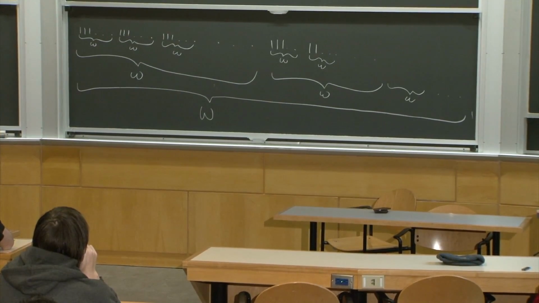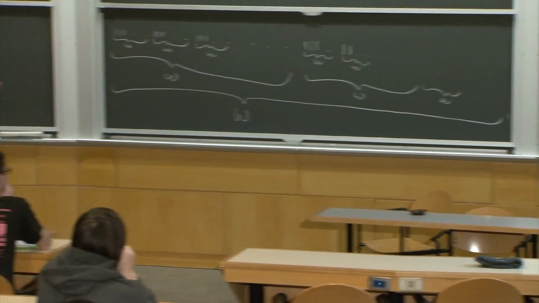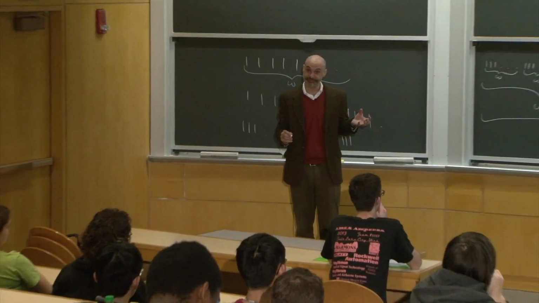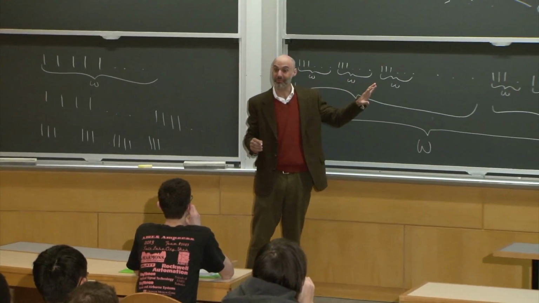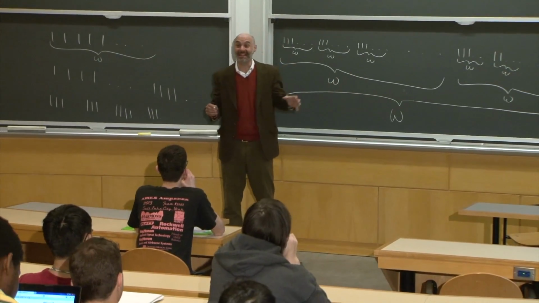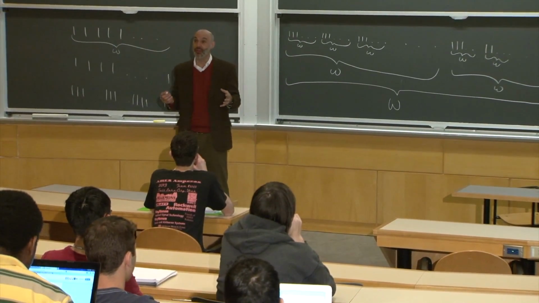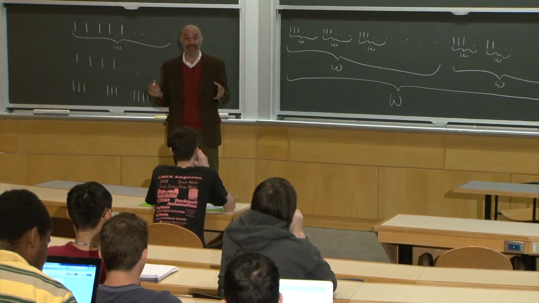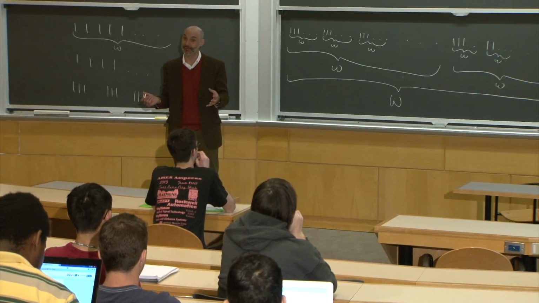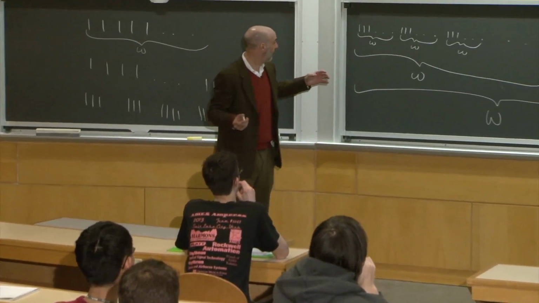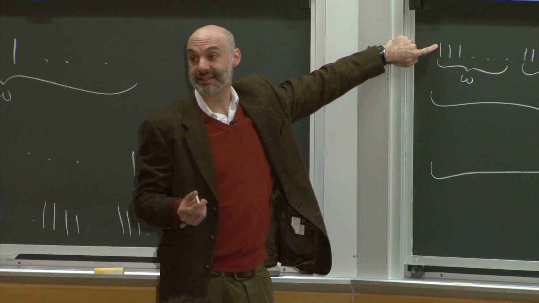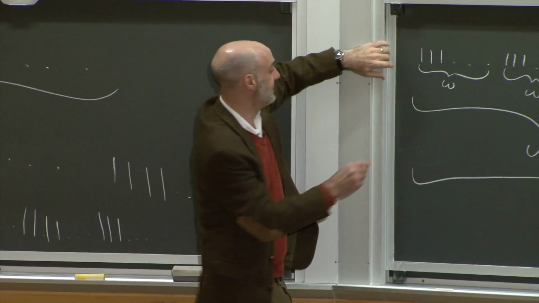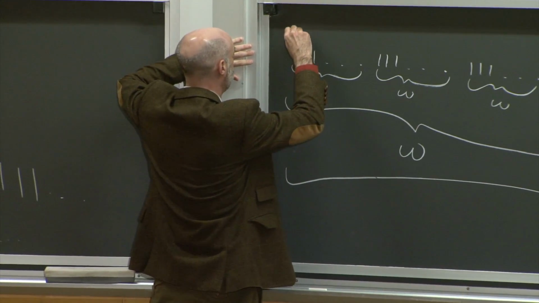OK. And the reason this is going to be useful to talk about big infinities is that you can think of this beast as a blueprint for how to extend an initial infinite set. So suppose that the thing at the very start is just some infinite set, say the set of natural numbers.